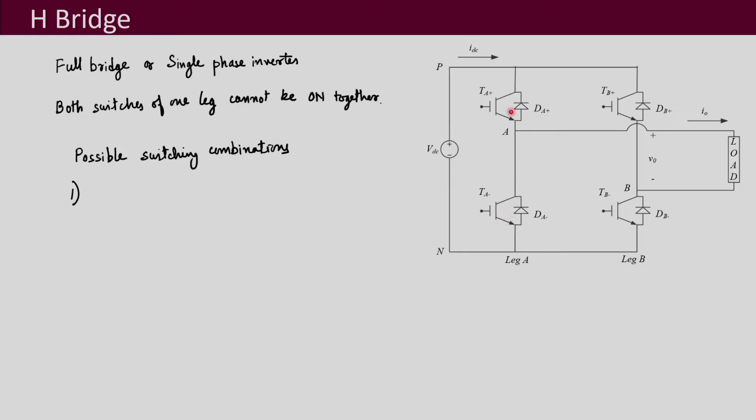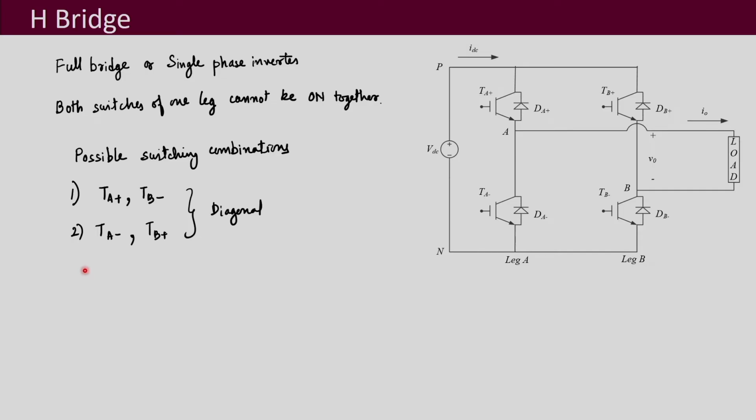So, TA plus TB minus is one switching combination and TA minus TB plus is another possible switching combination. These are the two possible diagonal switching combinations.